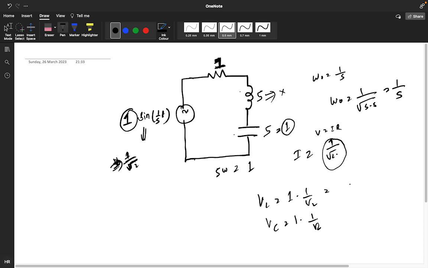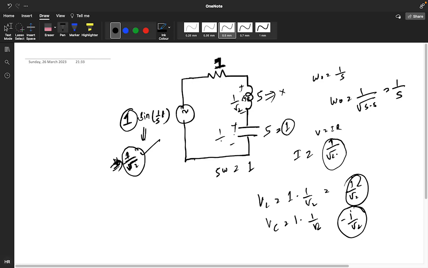If you write it in phasor form, j by root 2 will come here, and minus j by root 2 will come here. See the magnitude: the magnitude equals the supply voltage across this potential, 1 by root 2 at an angle of 90 degree, and 1 by root 2 at an angle of minus 90 degree.